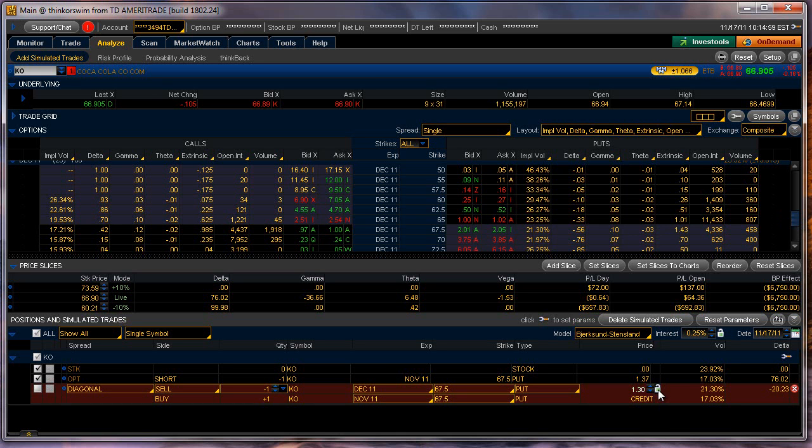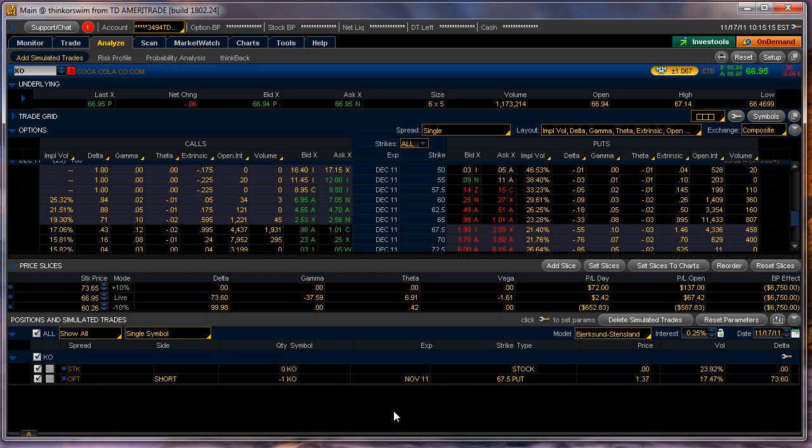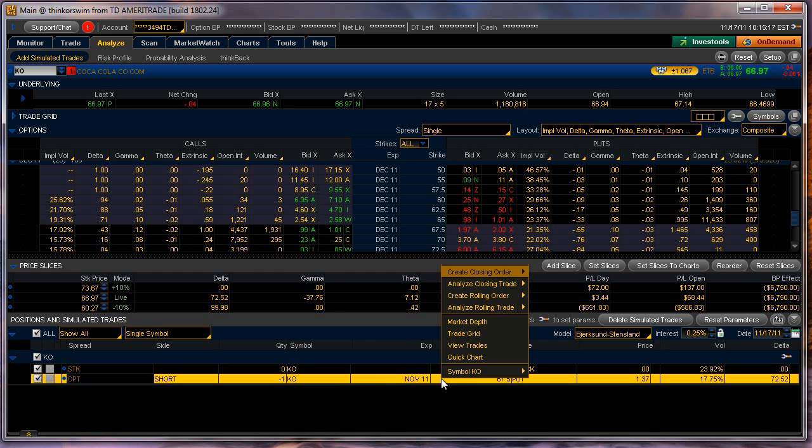So let me unlock this. We're looking at a $1.30 credit right now, which is not too bad. I'd probably put the order in for like $1.28 or something just to make sure that it executes right away. But let me delete this off of here by checking this little red X and show you. It's very simple to do this in Thinkorswim.